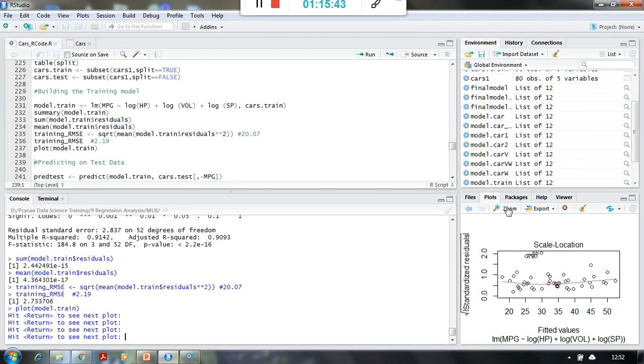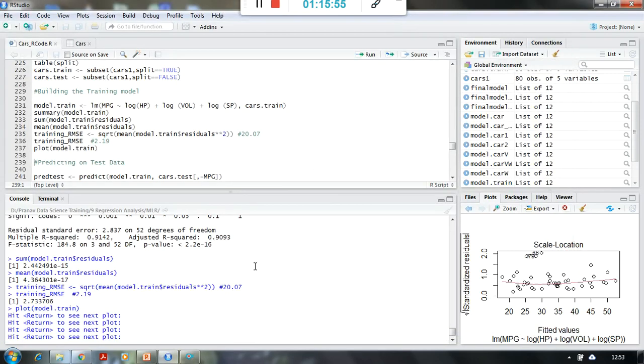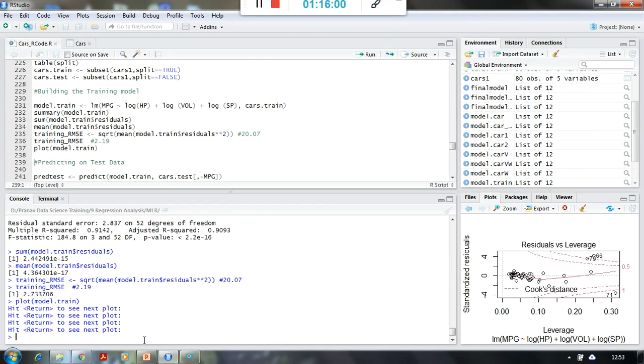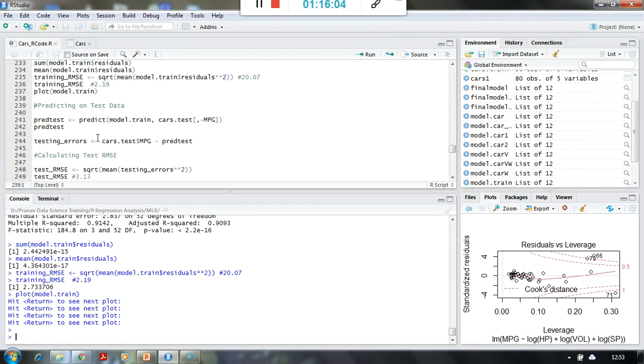This is going to give me the homoscedasticity and heteroscedasticity. So except a few of the errors, these three errors, all my errors have constant variance as well, so it shows that my model is good enough as far as model assumptions are concerned as well.